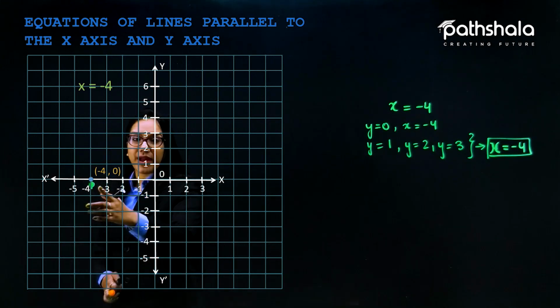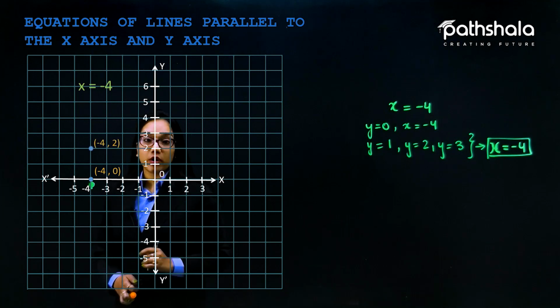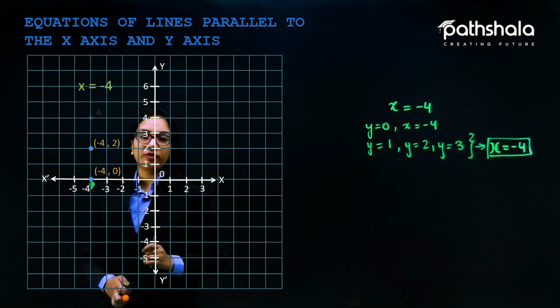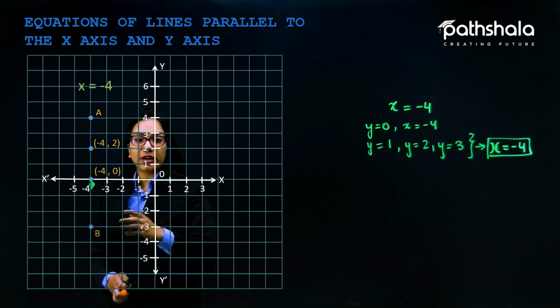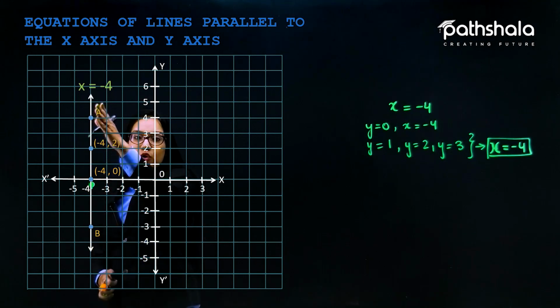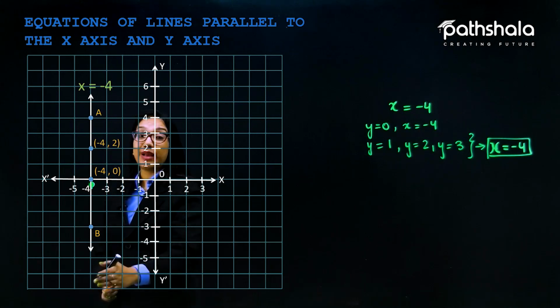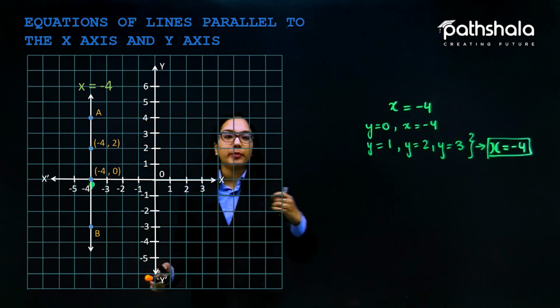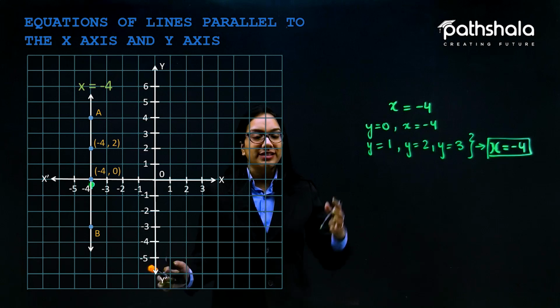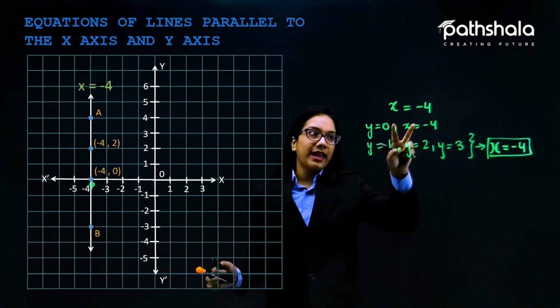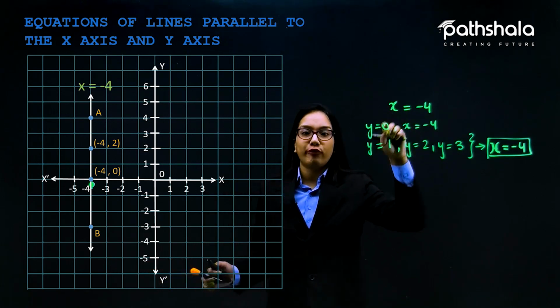If I'm talking about (-4, 0), or (-4, 2), any particular point which is lying on this line AB, all represent those points that are satisfying x = -4.